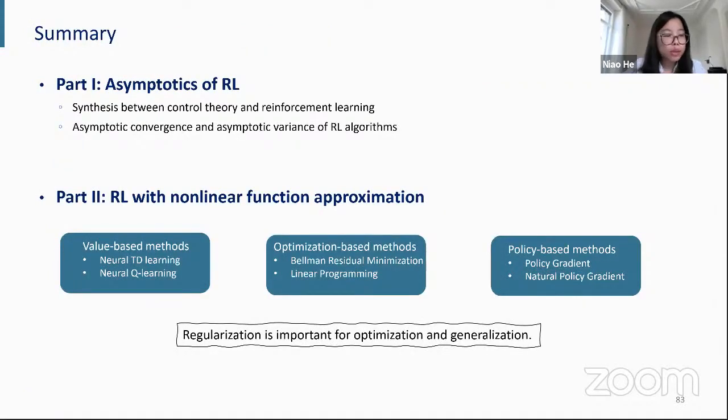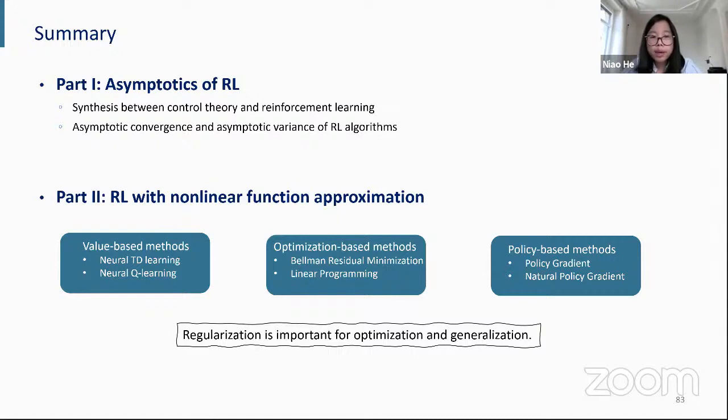So lastly, I should really stop here, and I want to summarize the two parts I discussed in this talk. The first part is about the asymptotics of reinforcement learning, and the close synthesis between control theory and reinforcement learning. The second part is more about reinforcement learning with nonlinear function approximation, different algorithms, and how we can get some theoretical guarantees when nonlinear function approximation is used.